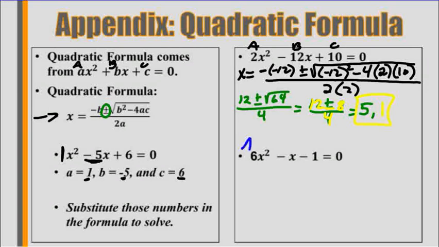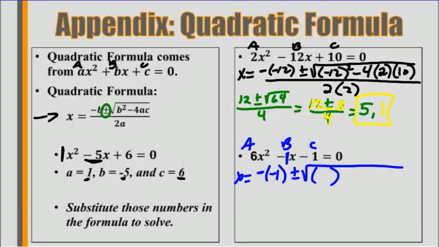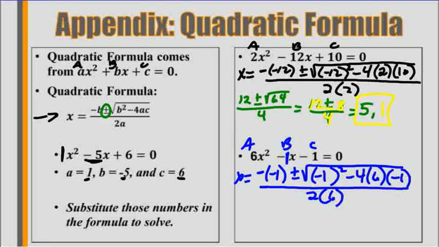And our last one here, your a, your b, your c. Remember this is a -1. So x equals a -1 plus or minus the square root of -1 squared minus 4 times a, which is 6, times c, which is -1, divided by 2 times 6.